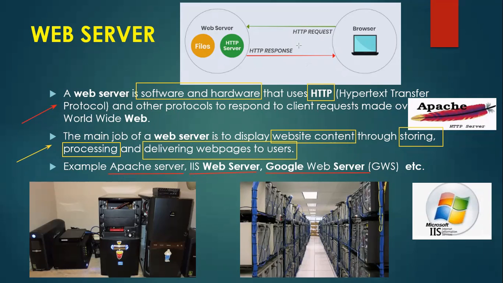These images are combination of software and hardware, that is, these are all web servers. This is a simple web server for a small network. This can be a very huge web server of a large organization like Google. Now let us move to next slide.